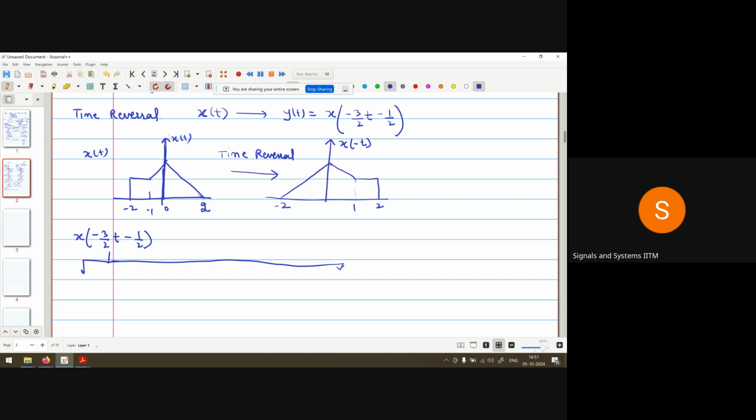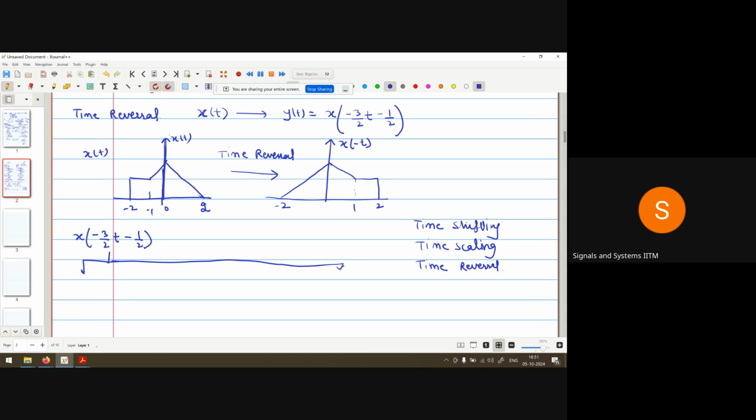Just remember one thing: because we have three operations now, time shifting, time scaling, and time reversal, the order of these operations is very important.